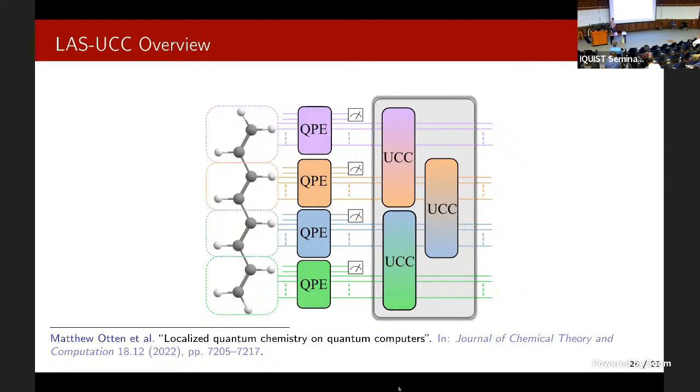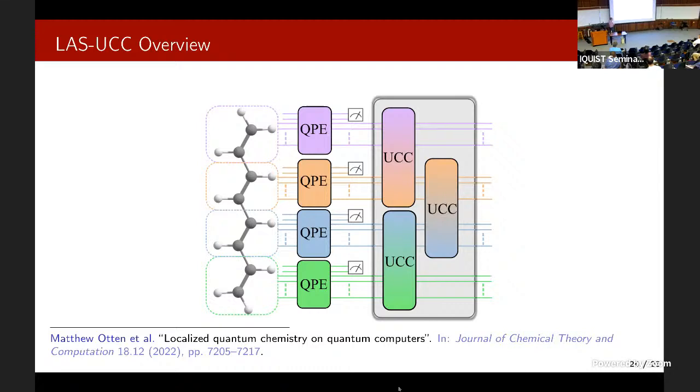We're instead going to focus that expensive element on just, say, a small, strongly correlated part of our molecule. And then we're going to couple weakly the fragments of our molecule using a unitary coupled cluster or a variational ansatz, which has shorter gate depth.